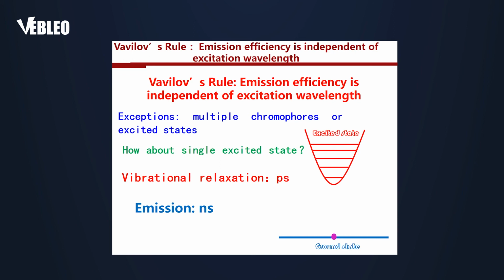So even if we use different wavelengths to excite this molecule, the light of different wavelengths only excites this molecule to different vibrational excited states of the electronic excited state, right? So no matter which vibrational state it is excited to, it always goes very fast to the vibrational ground state, and then emits light slowly by the spontaneous emission process.